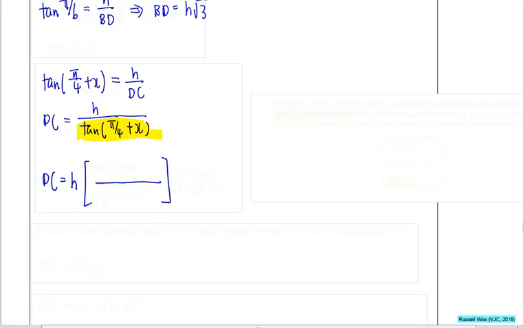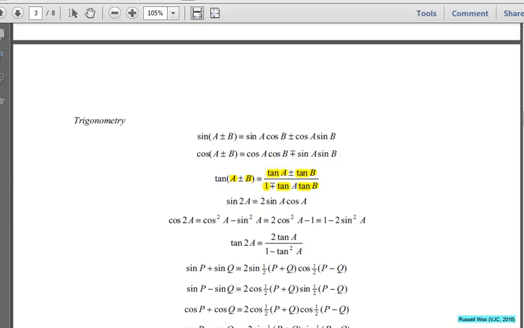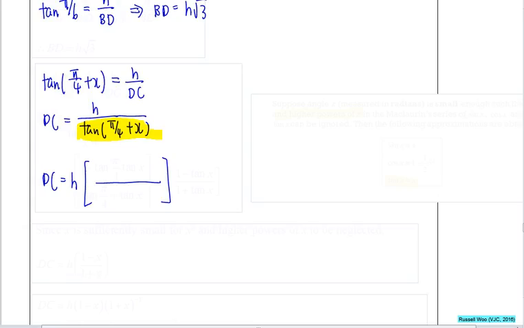Okay, let's look at this formula. It is tangent A plus tangent B over 1 minus tangent A tangent B, right? So I flip it because it was in the denominator. So 1 minus tangent A tangent B goes first in your numerator. So 1 minus tangent pi over 4 tangent x, and then tangent pi over 4 plus tangent x.